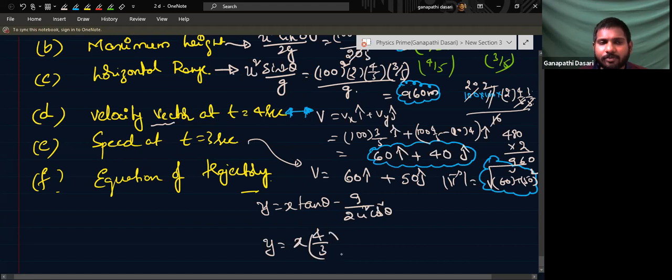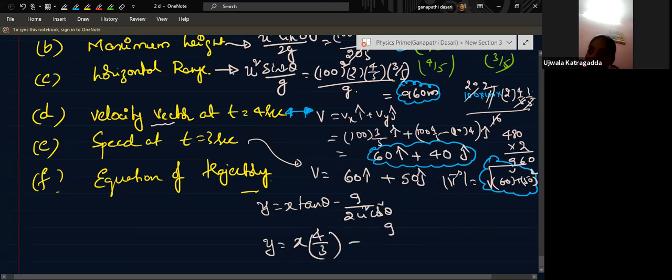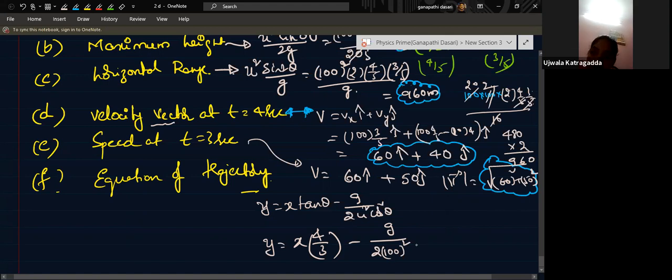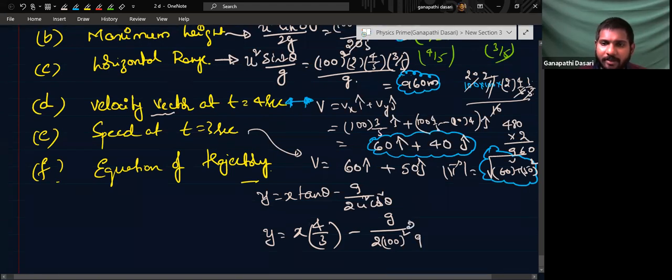Minus g by 2 u square, u square is 100 square. Cos square theta is how much? 3 by 5 whole square, that is 9 by 25.